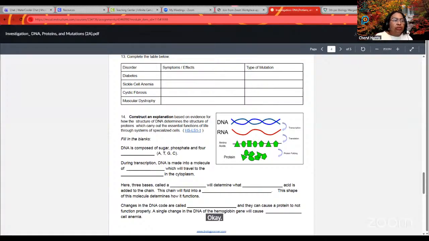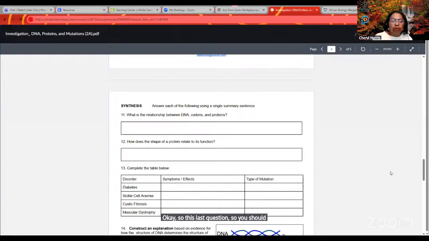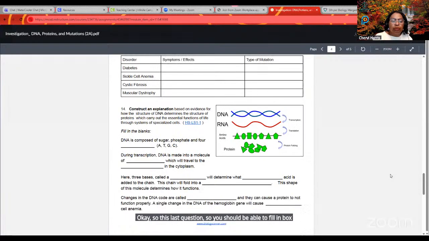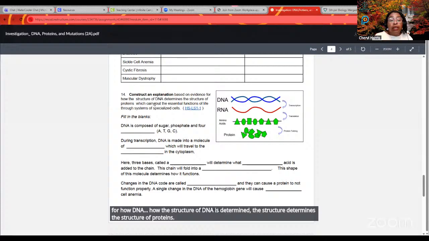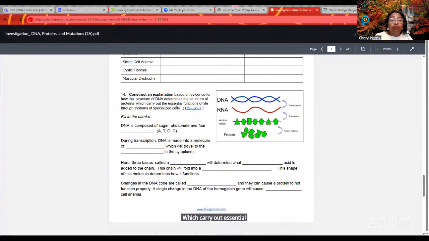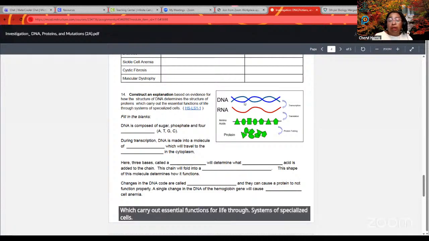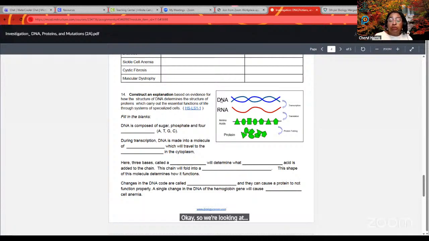This last question, you should be able to fill in boxes 12 and 13. For 14, it says, based on the evidence for how the structure of DNA determines the structure of proteins, which carry out essential functions for life through systems of specialized cells. Looking at the picture, the first box is DNA, which is double-stranded.